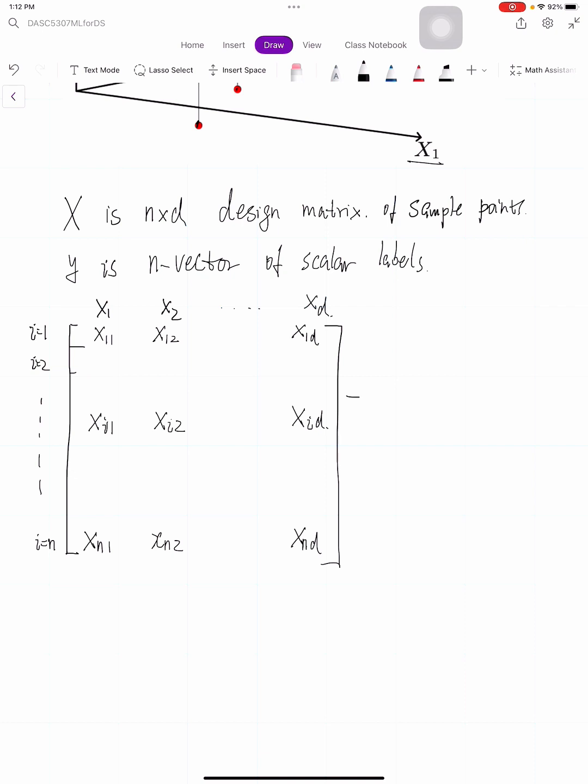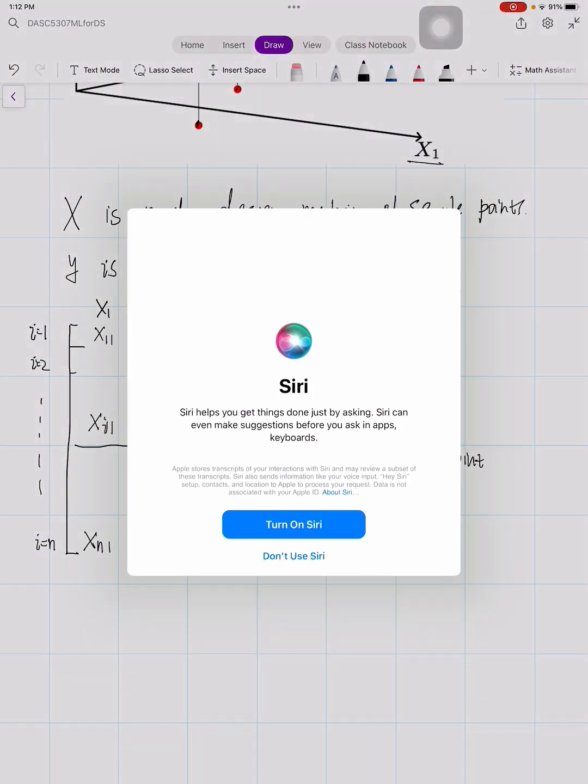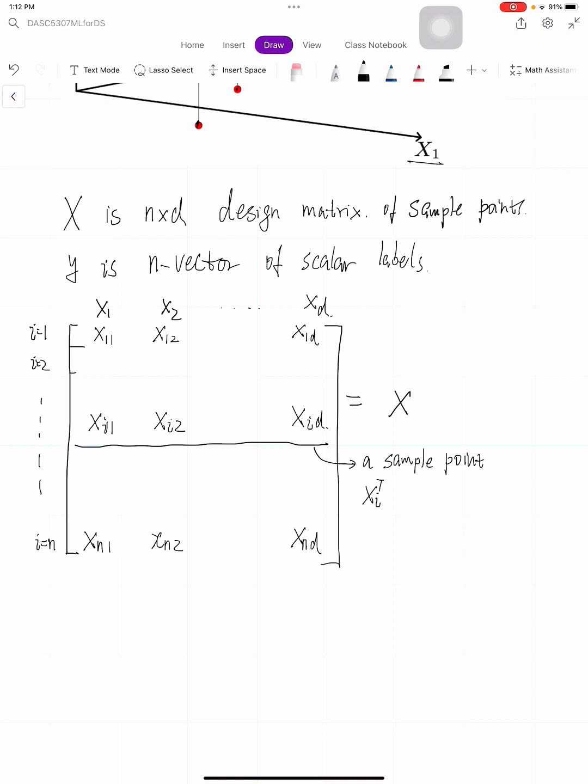So this is our design matrix X, and each row is a data point, a sample point xi transpose, because usually we denote a vector as a column vector. So each row here represents a data point.